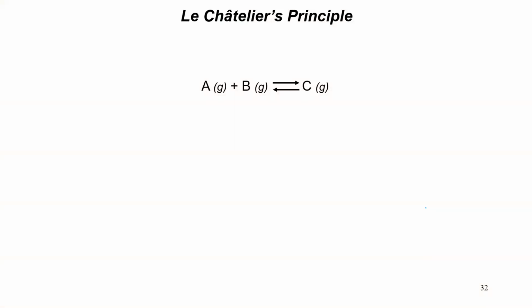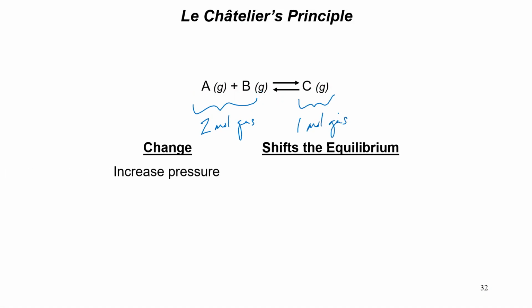When we talk about changes in volume or changes in pressure, this is the one where we look at the side with the fewer moles of gas. And so over here, we have 2 moles of gas. And on this side, we only have 1 mole. And so if we increase the pressure, which direction are we going to shift?